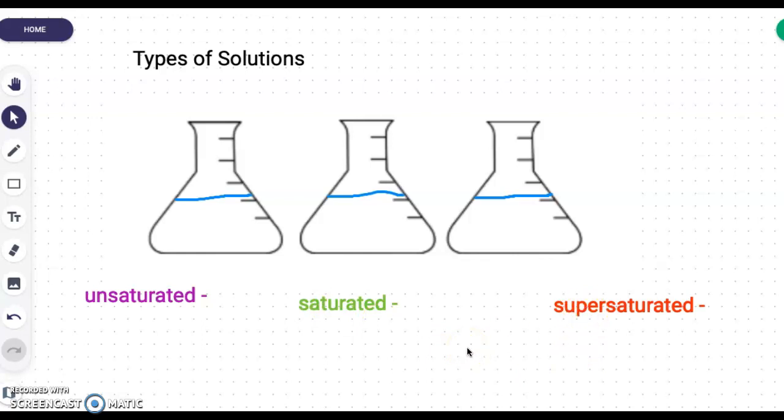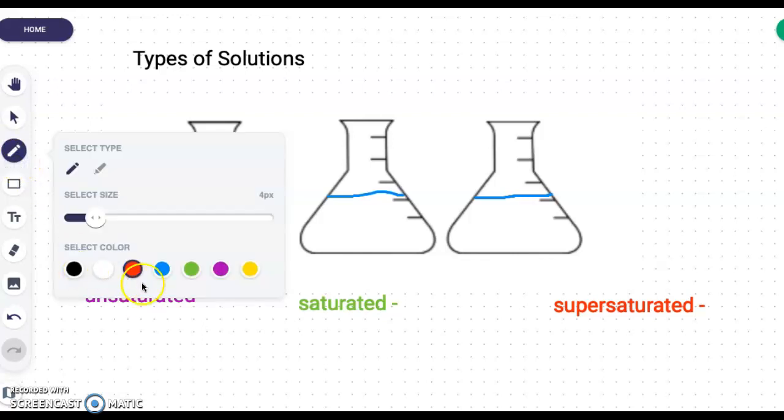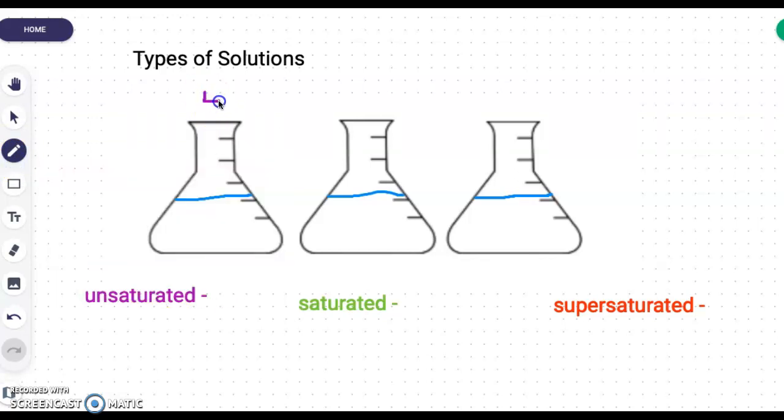So we're going to start out with our unsaturated solution. Unsaturated means that the solution contains less than the maximum amount of dissolved solute at any given temperature. So we haven't reached the maximum yet. So if I were to take a piece of solute and plop it into my unsaturated solution, here's some solute, I'm going to drop it in.